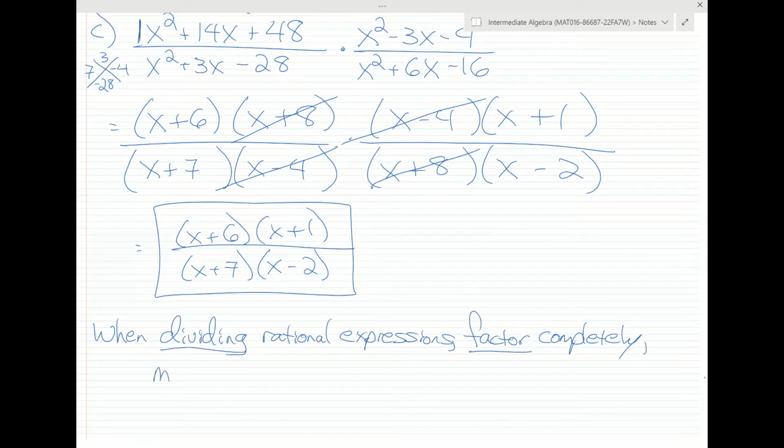The difference is we multiply by what's called the reciprocal. Cancel common factors. And then multiply. And we multiply across.